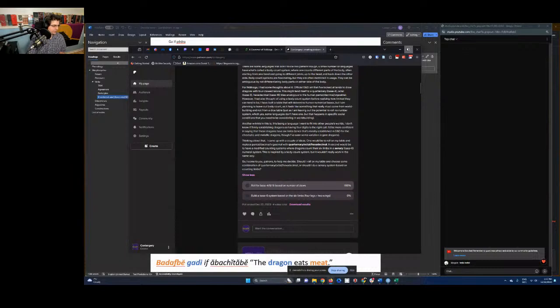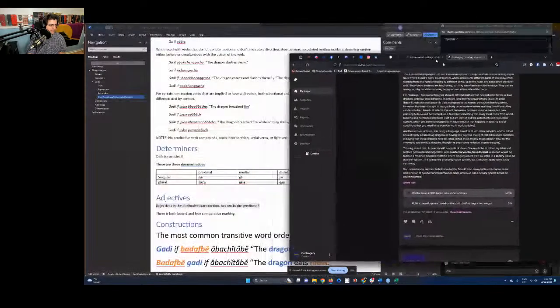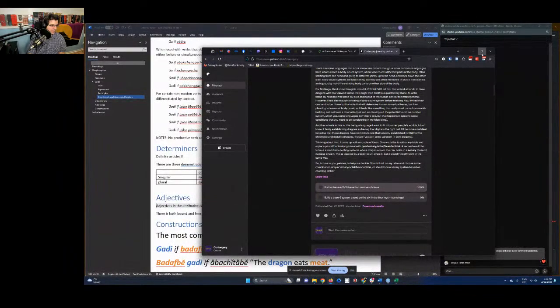The answer was I should roll on this table, but instead of base 5, base 10, and base 20, I should convert that to base 4, base 8, and base 16.